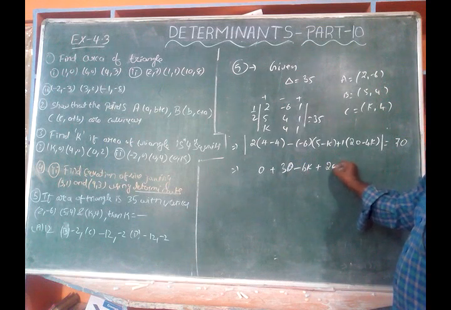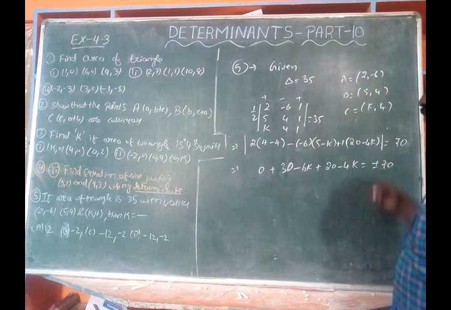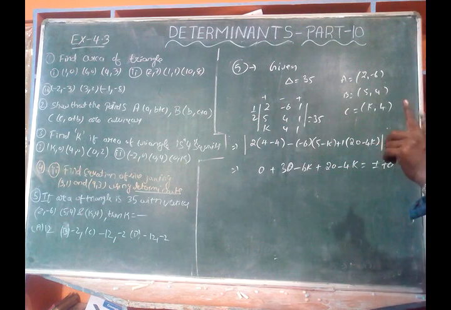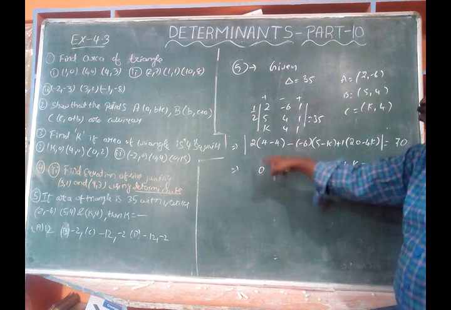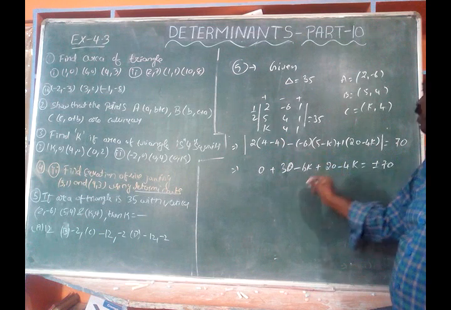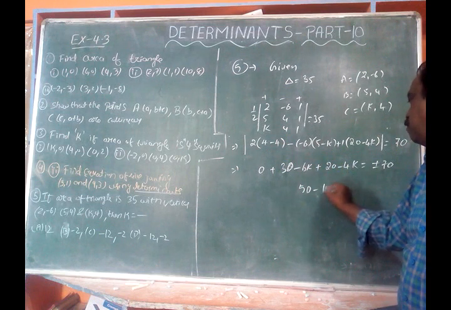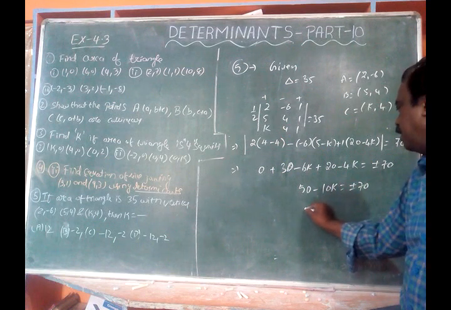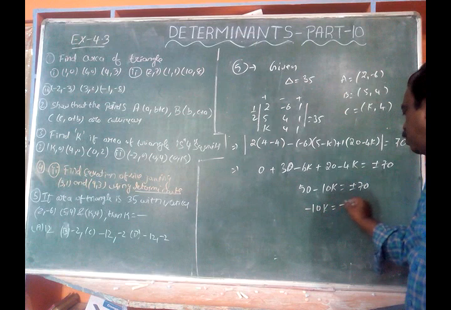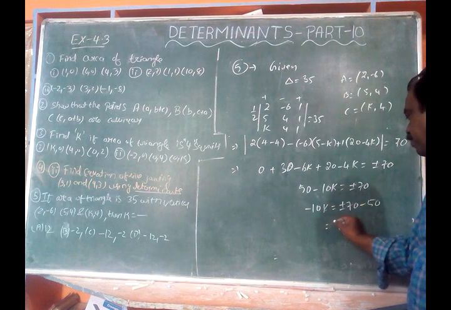It is plus 20 minus 4k is equal to plus or minus 70. Will you agree? Because releasing the modulus, we get plus or minus 70. It is 0, it is 30 minus 6k, 30 plus 20 is 50, minus 10k is equal to plus or minus 70. Minus 10k is equal to plus or minus 70 minus this 50.